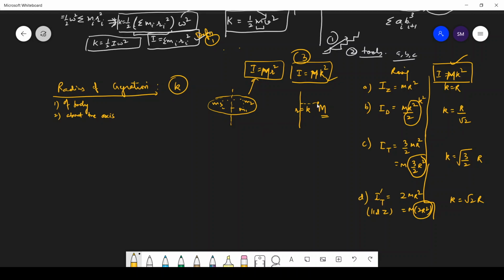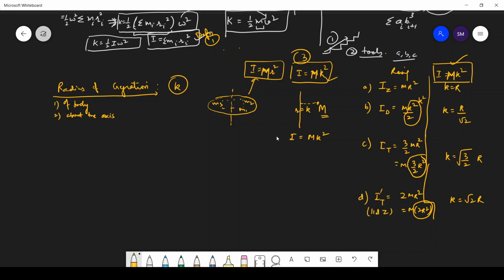Assume the whole mass of the body is concentrated at this point, at this particle, and the moment of inertia about the fixed axis will be the same. So I equals mk square. I hope students this is clear to you.